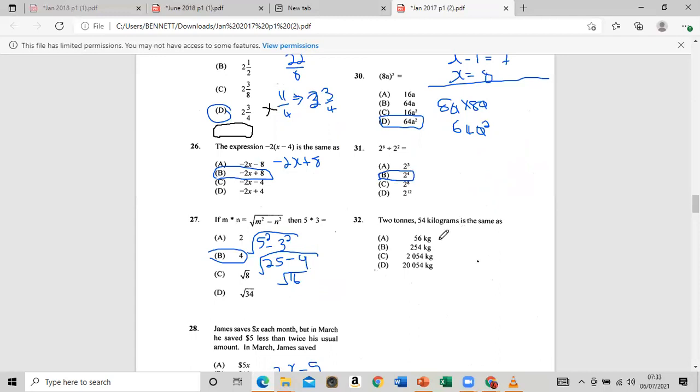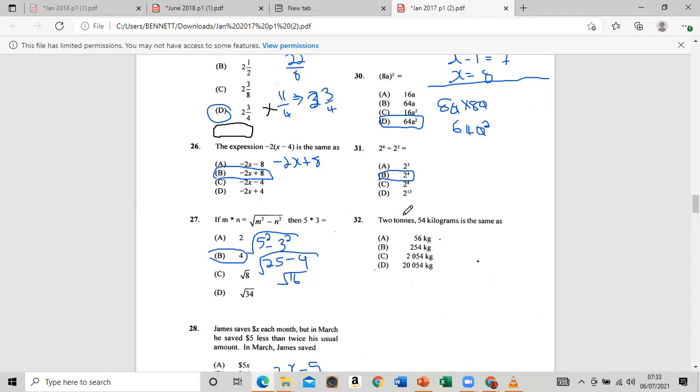2 tons, 54 kilograms is the same as. Now first we need to know how many kilograms make a ton. From my knowledge, if anybody has a different perspective, it's 1,000 kilograms.